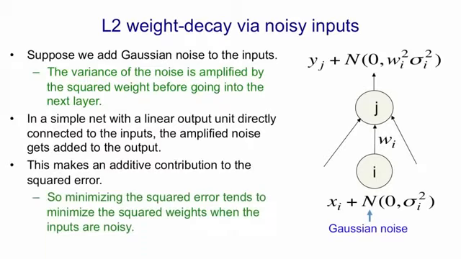So when we minimize the total squared error, we'll minimize the squared error that would come out if it was a noise-free system, and in addition we'll be minimizing that second term. That is, we'll be minimizing the expected squared value of that second term, and the expected squared value is just w_i squared sigma_i squared, so that corresponds to an L2 penalty on w_i with a penalty strength of sigma_i squared.